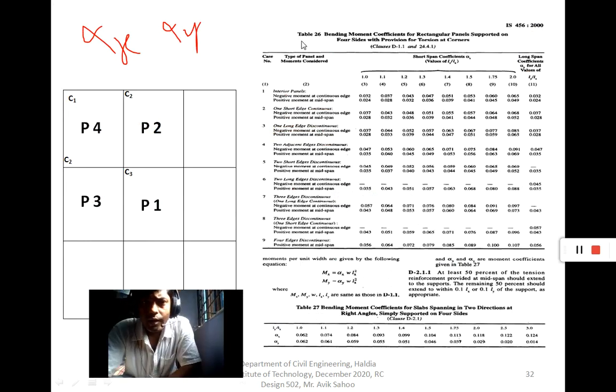So here in Table 26 the coefficient values are given. You see that in the first column, 9 cases are considered, and type of panels and moment considered. The panels means here the edge condition, or boundary condition, are given.